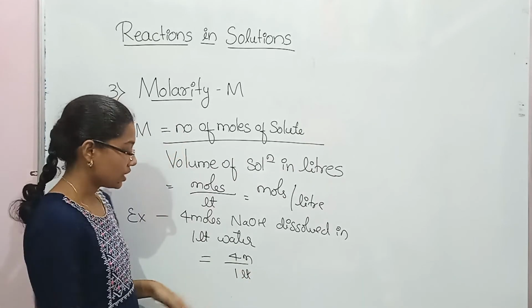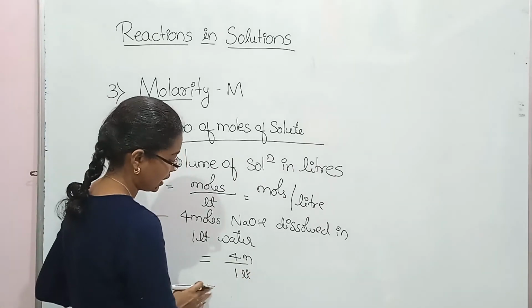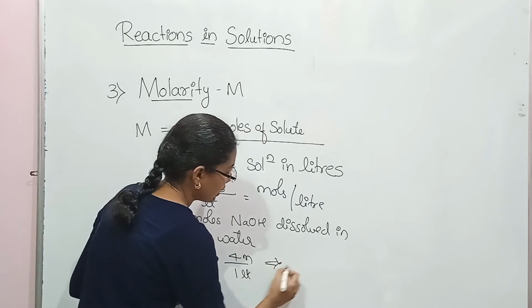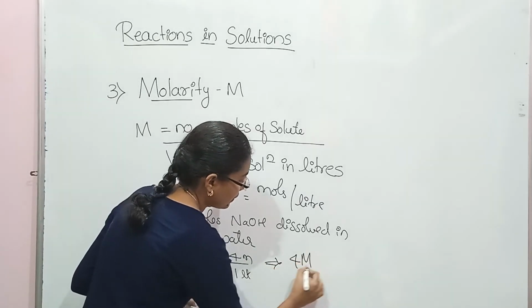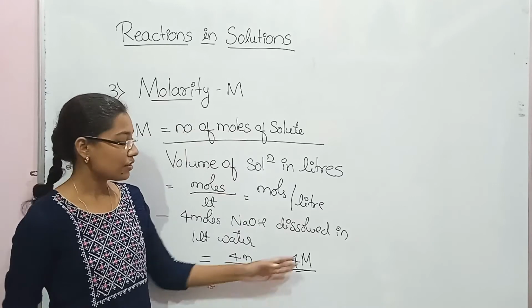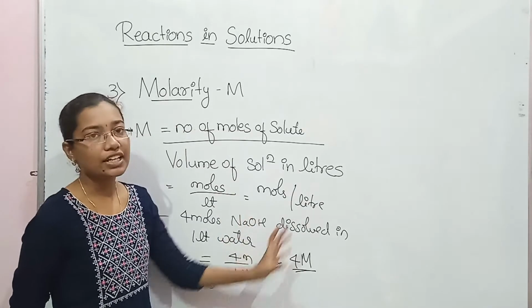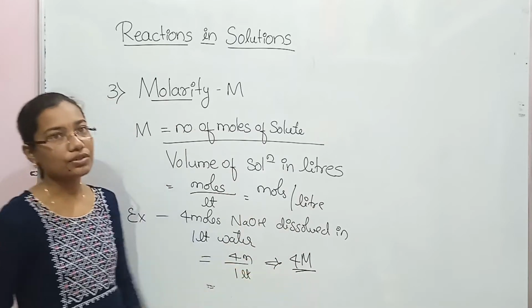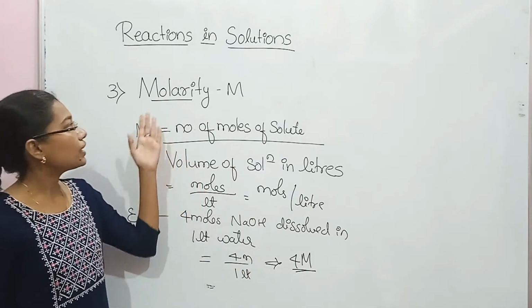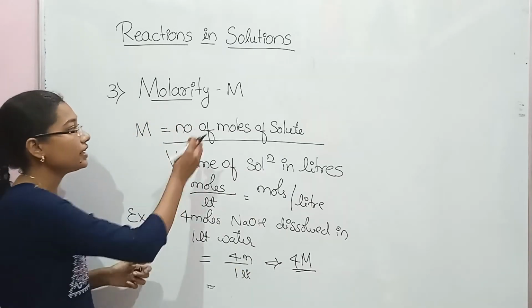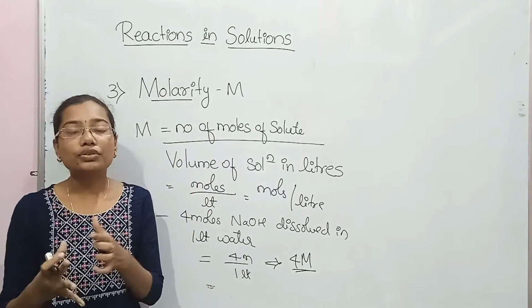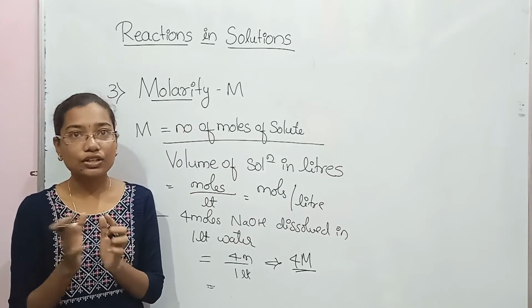So it will become 4 M. The molarity of the NaOH becomes 4 M. This is how we calculate the molarity. Here it is the number of moles of solute dissolved in 1 liter of solution.